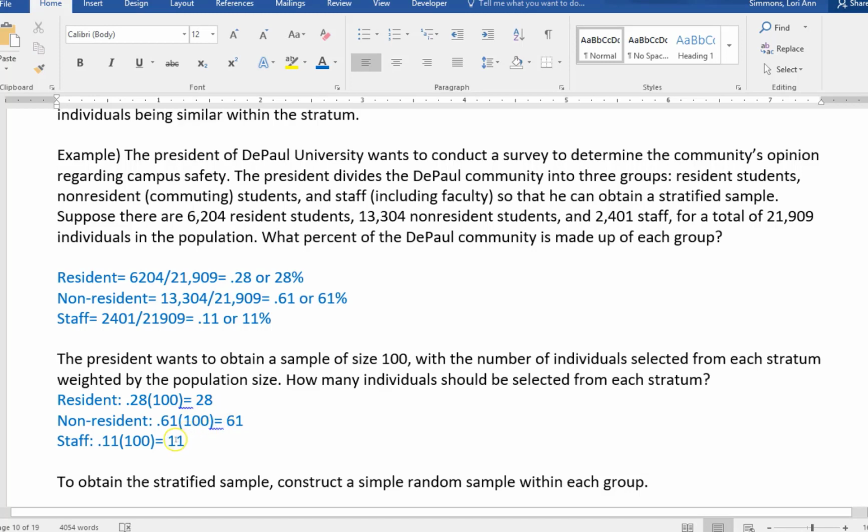If you add these up, they should equal 100, which is the sample size. And if you add these percentages up, this should always add up to 100%.